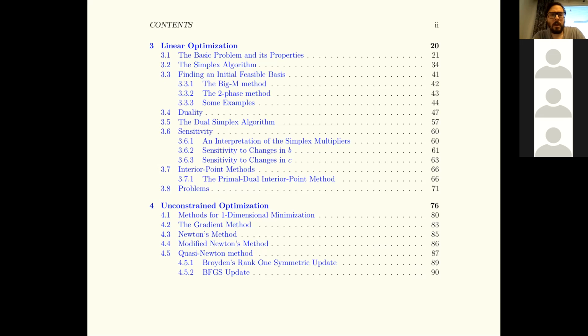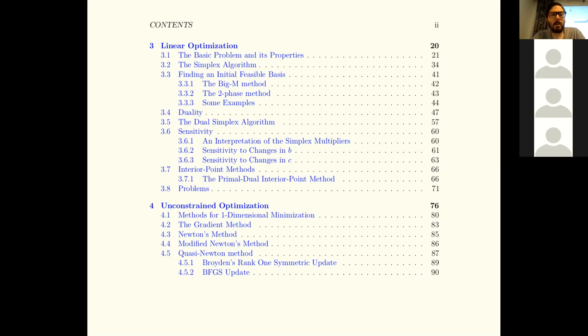I'll discuss some of that also, but I'm assuming a certain familiarity with matrix algebra, because you cannot really tackle linear optimization if you don't understand how matrices work, like matrix multiplication and stuff like this.